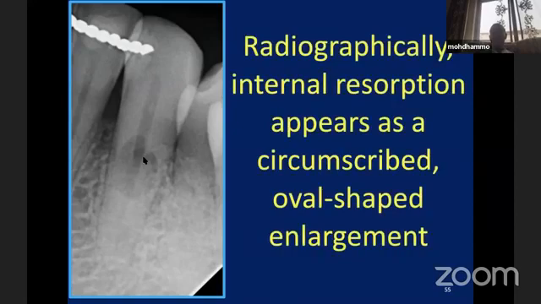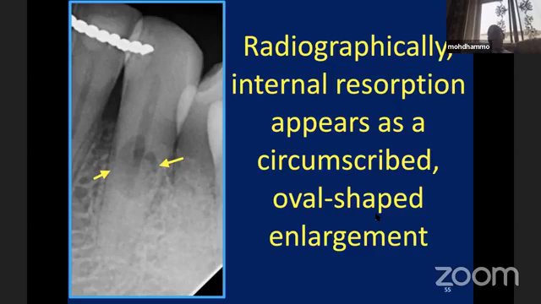So this is another case here. We have a big internal resorption, and unfortunately the patient did not go to a dentist. This resorption advanced, and it appears as a circumscribed oval-shaped enlargement.